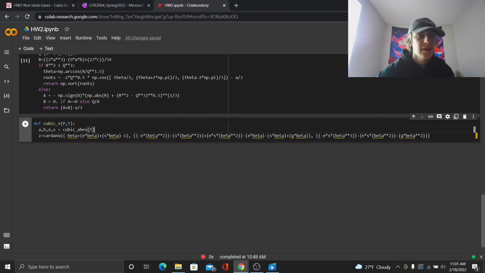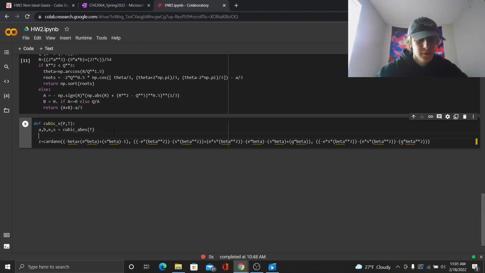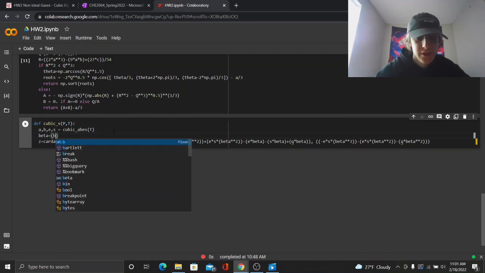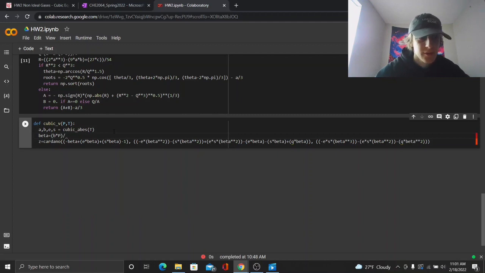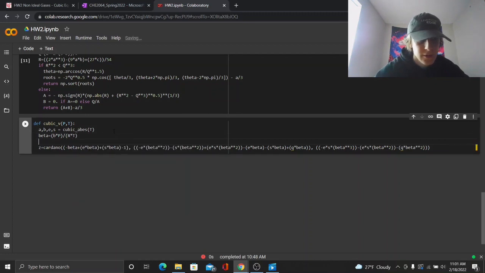Alright, and then now we need to define our beta, which beta will equal, from our derivations before, b times P over R times temperature.